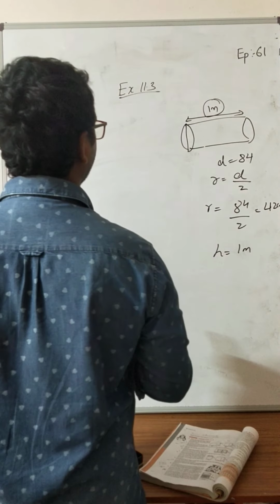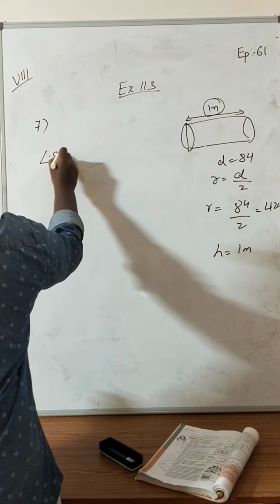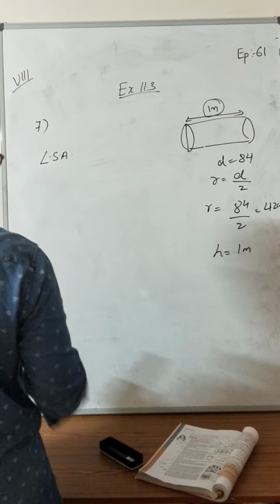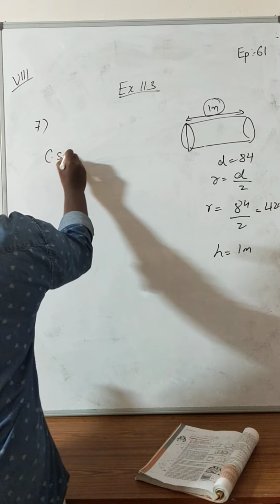Okay. Now let us find the total lateral surface area, LSA, or the curved surface area. In this case we can say it as curved surface area.